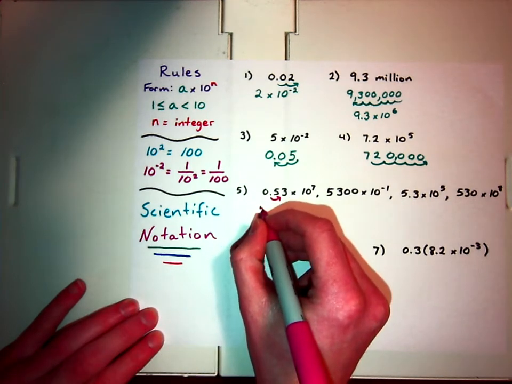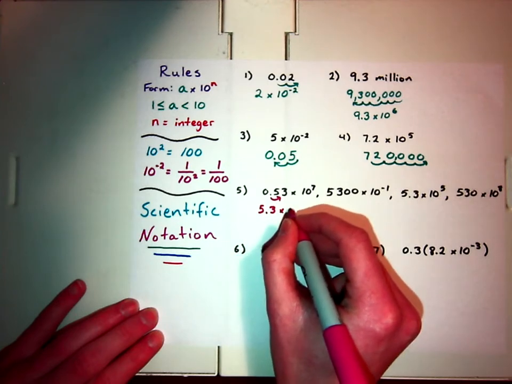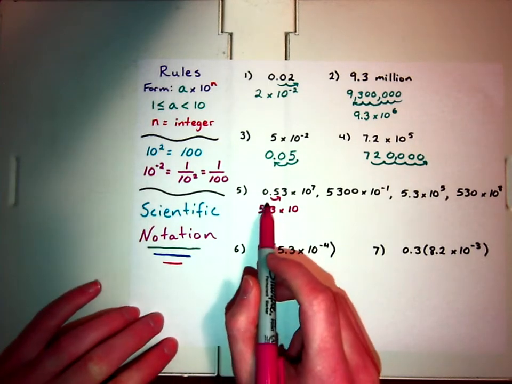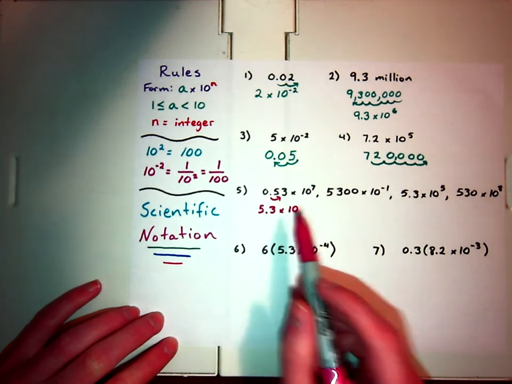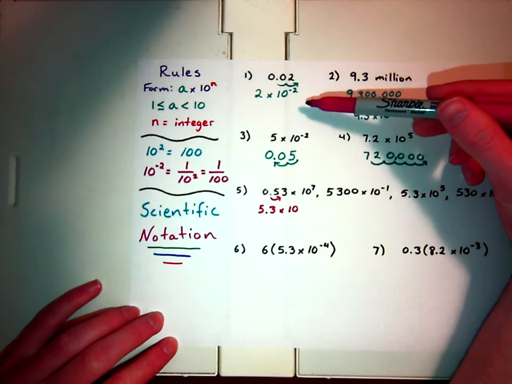So it's going to be 5.3 times 10, and we need to figure out what place value that is. Well, since we moved this value to the right, and if we were normally doing that, in example 1, when we moved it to the right, we used the negative exponent.